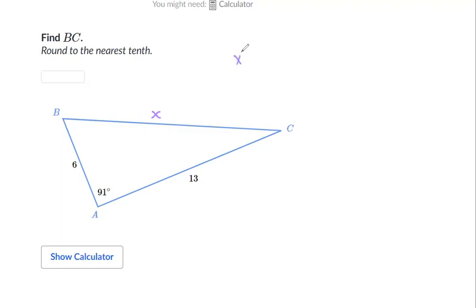The square of one side, X in our case, equals the sum of the squares of the other two sides, 6 squared and 13 squared, minus twice the product of those two sides, 6 and 13, times cosine A, which is 91 degrees.